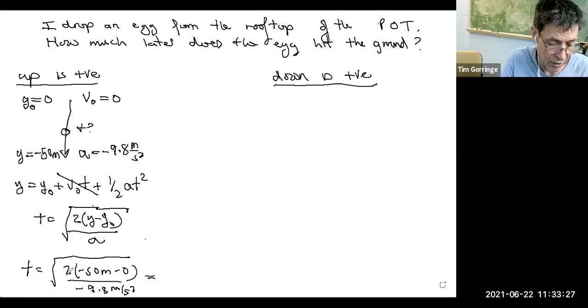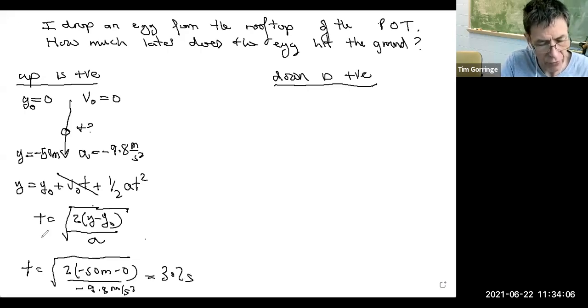Now, this is interesting because we've got a negative quantity in the numerator, minus 100 meters, and a negative quantity in the denominator, minus 9.8 meters per second squared. You can't take the square root of a negative quantity, but in this case we've got a negative over a negative, so overall that ratio is positive. It's about 10.2 seconds squared, and the square root of that is about 3.2 seconds. And so that's the time taken.